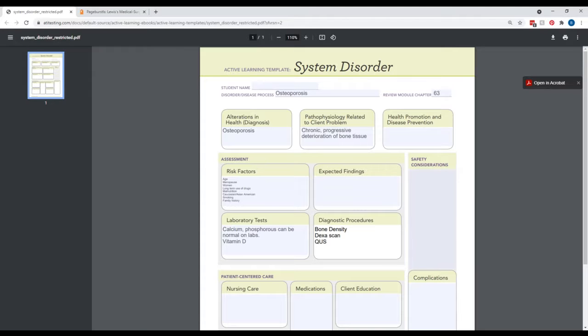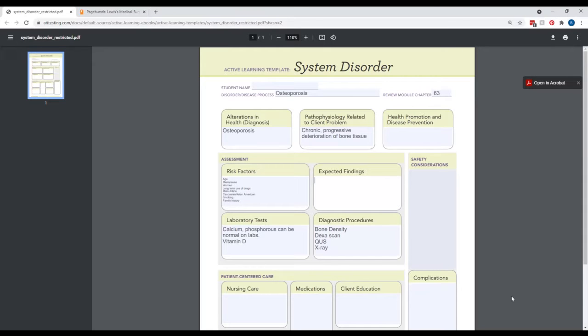And then a normal X-ray, your standard run-of-the-mill X-ray, doesn't catch it because it's not visible on this type of X-ray until 25 to 40% of the calcium is missing from the bone. So that's quite a bit. So it's definitely not a good screening tool. The DEXA scan is much better.